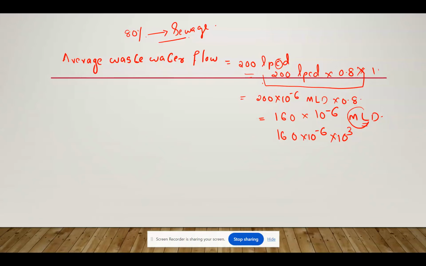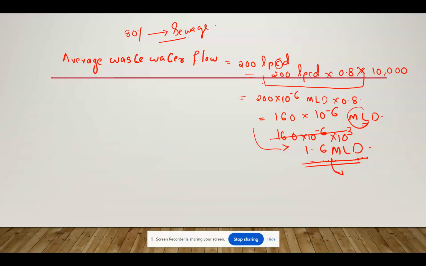Yes, 10,000, and the value will turn into 1.6 MLD. Then you have to convert into meter cube per day.